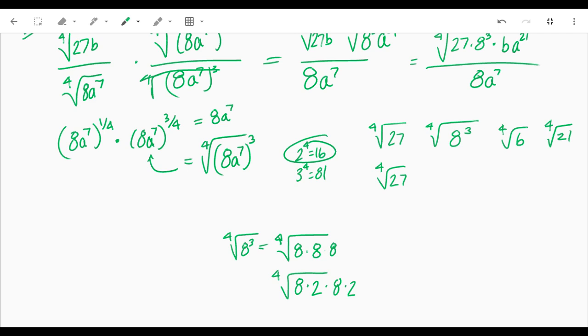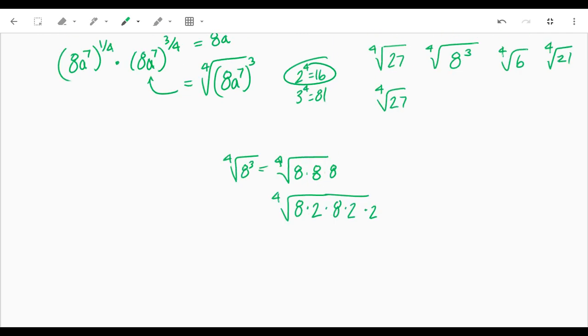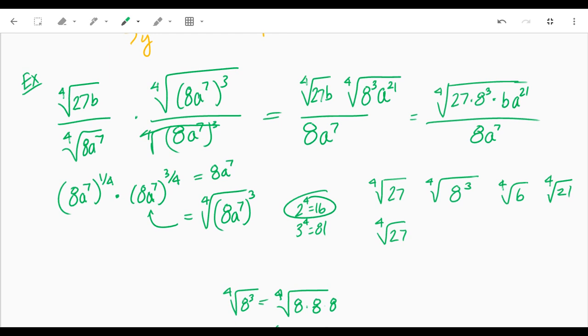If I split one of those 8s up and use it to get my 16s, then I can write it as the fourth root of 16, the fourth root of 16, and the fourth root of 2. So 2 times 2 times the fourth root of 2 is 4 fourth roots of 2. So I'm going to rewrite that as 4 fourth roots of 2.